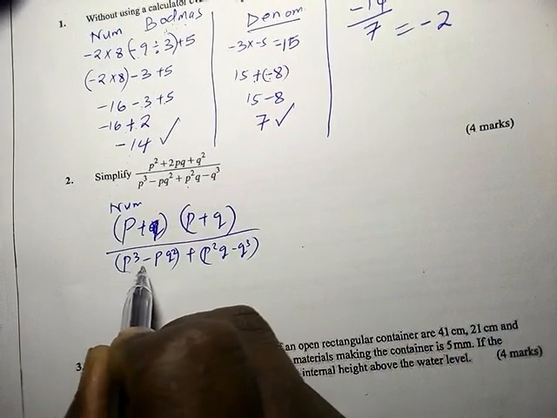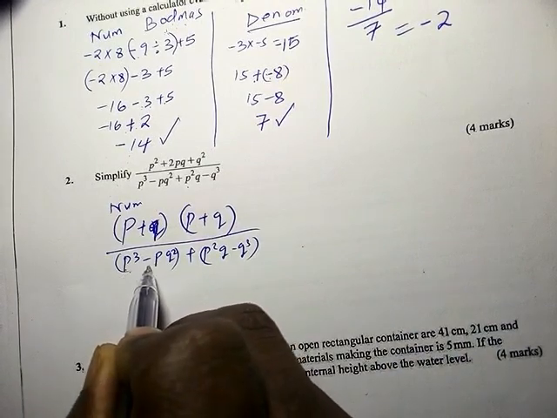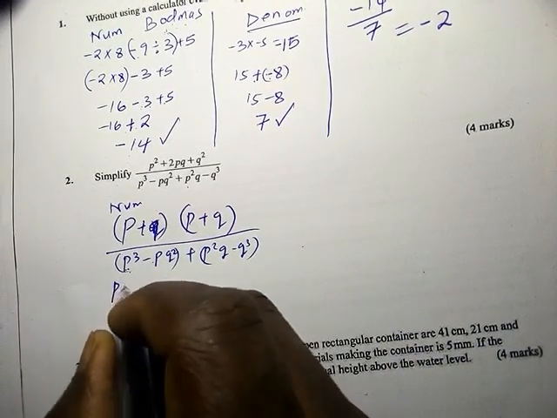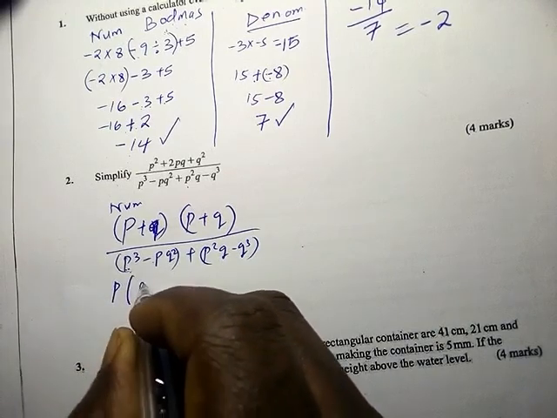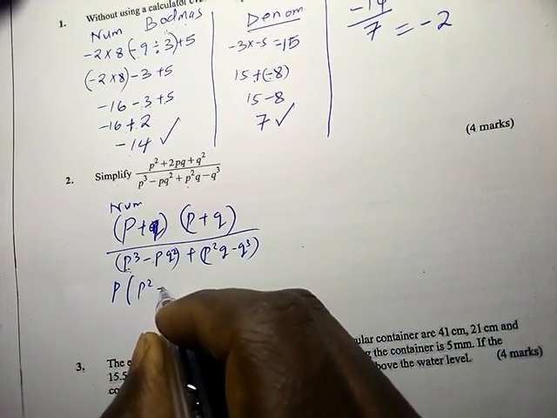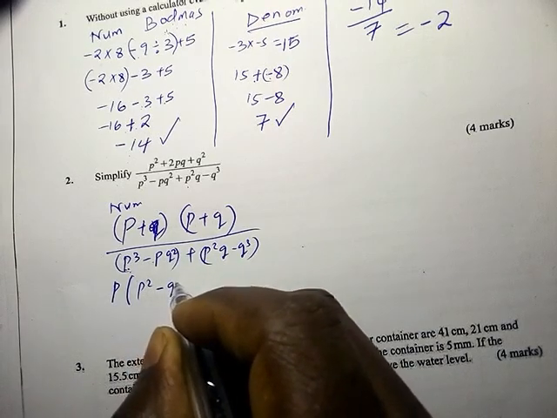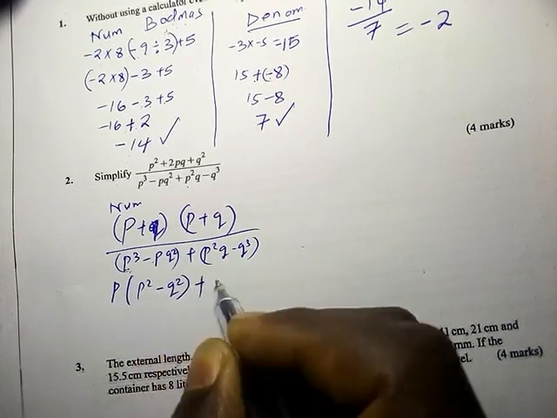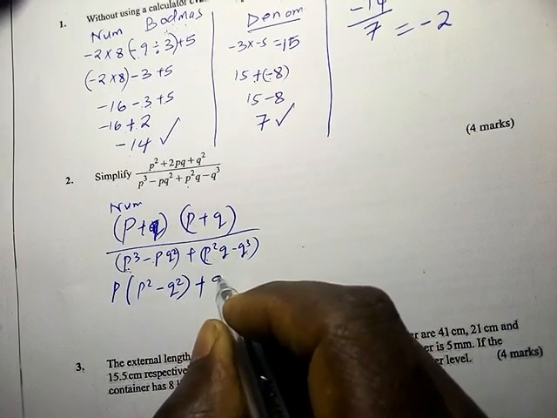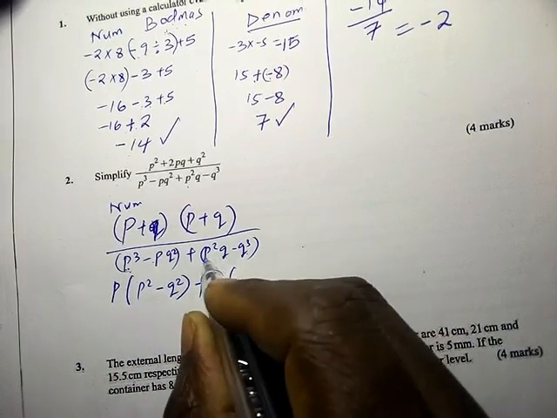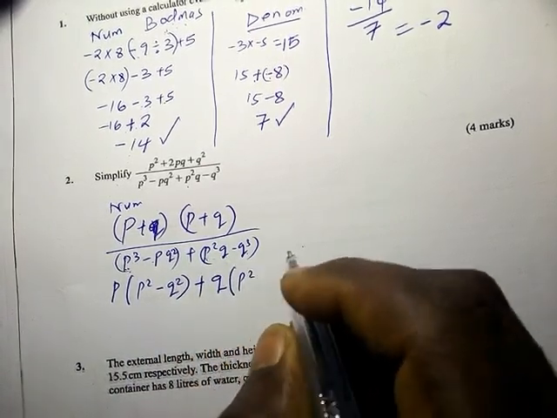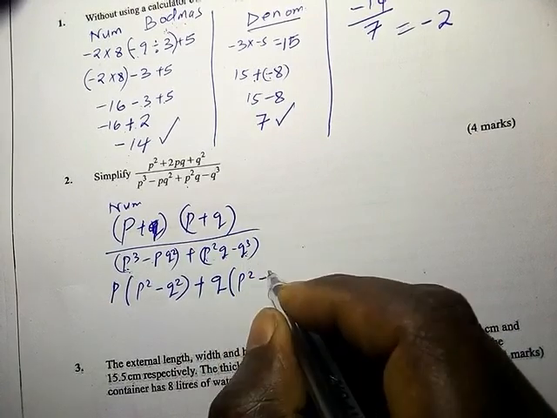And then here, what is common? You can see that P is common. So P into P squared minus Q squared, plus, what is common here? Q is common. So Q into P squared minus Q squared.